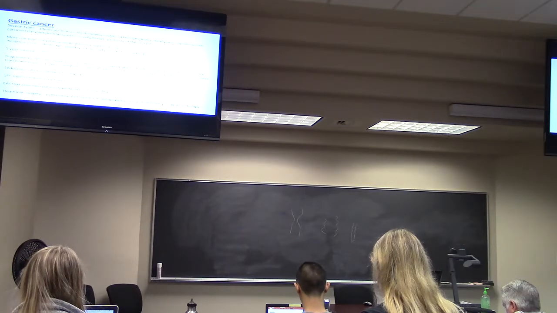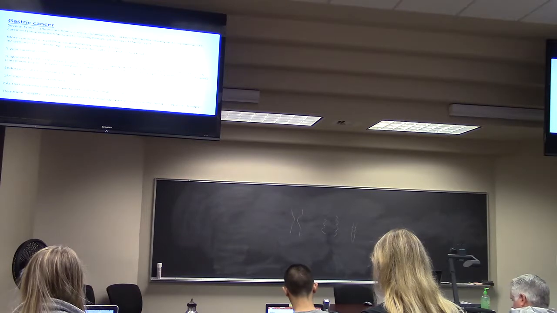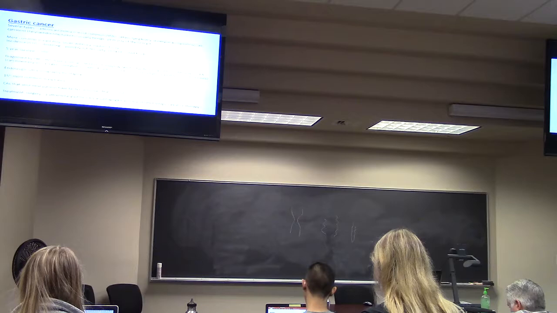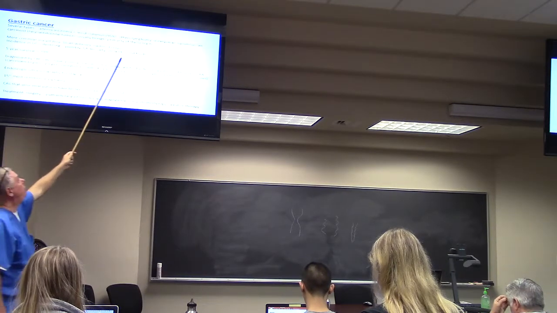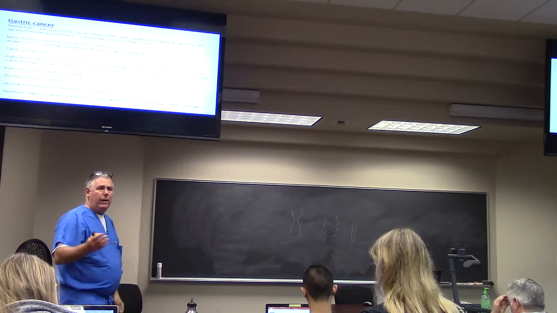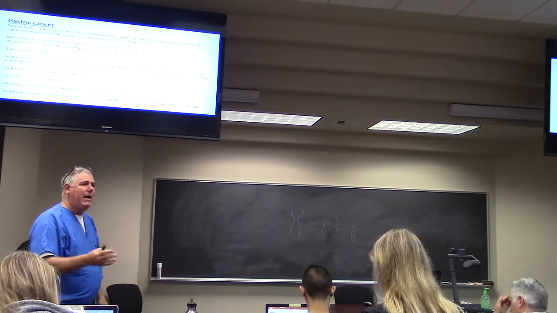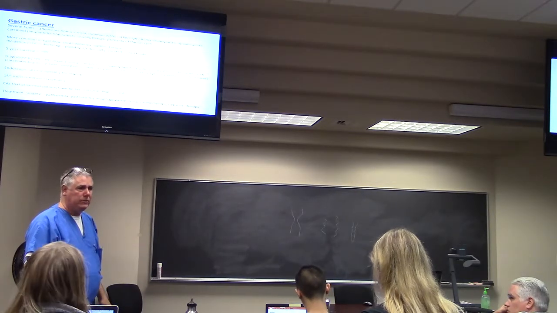Okay. Gastric cancers, these are bad. Stomach cancers are bad. They come in different types. There are a lot of different types. Adeno is by far the most common. Adenocarcinoma by far the most common. But you do have things like lymphatic, and they're usually a lymphatic-type tumor with all of the viscera.